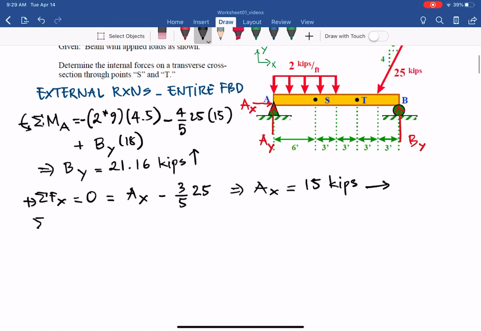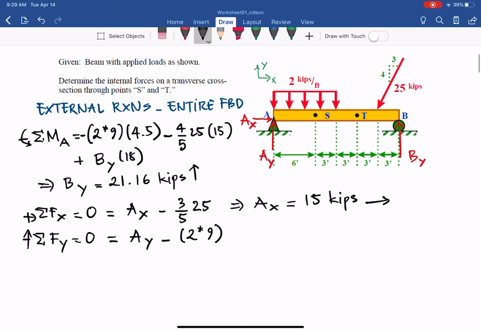And then the sum of all the force in y direction, going up, equals 0, so it will be AY, the distributed load going down 2 times 9, and then 4/5 of 25, also going down, and we have plus BY, and BY is positive 21.16 kips.